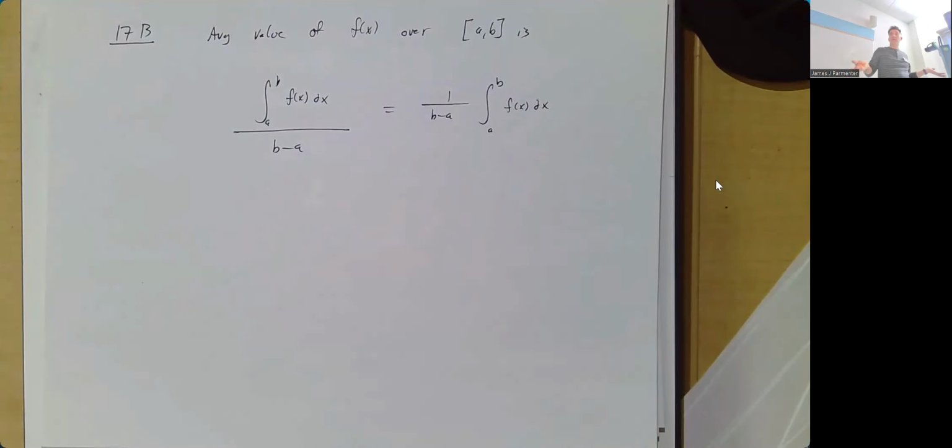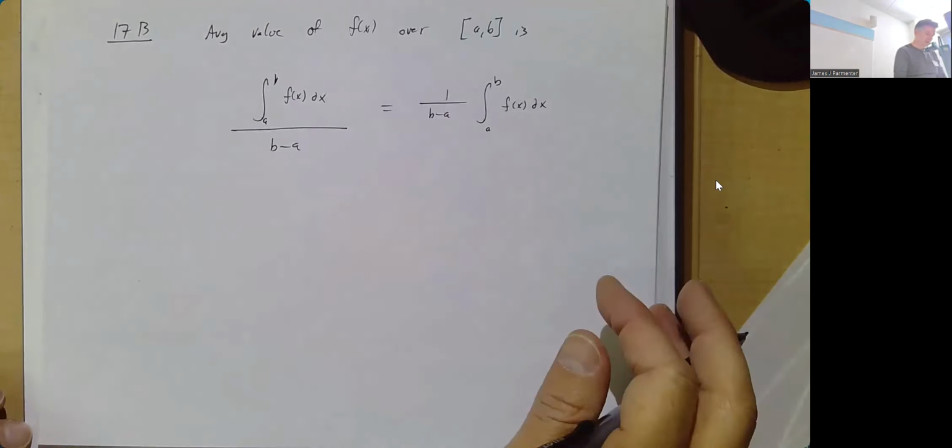Same idea is true if we add another dimension. Now I'm going to take something that has some volume under a surface and say, if I divide that volume by the area of the region that it is over, then I could imagine all that volume being at the same height. And that height would be the average height of this function of two variables over its region of integration.